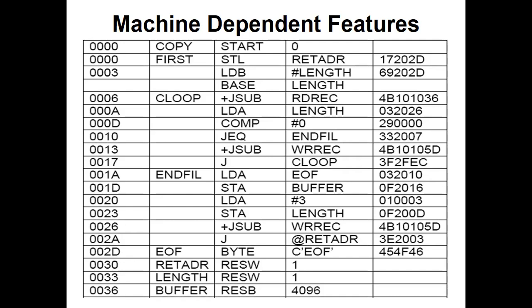Okay, so we calculate the displacement by getting the difference between the address of the operand and the value in the program counter. Can I repeat that? We calculate the displacement by getting the difference between the address of the operand and the value in the program counter. Now, what is the address of the operand, RETADR? Where is it found?